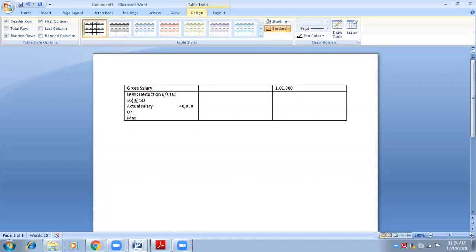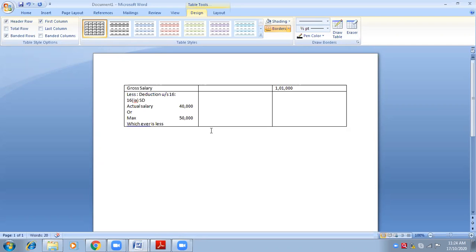Word maximum. And then what is the maximum limit? You remember? 50,000. Actual amount of salary or maximum 50,000, whichever is less. So you have to write whichever is less. So which amount is lesser?